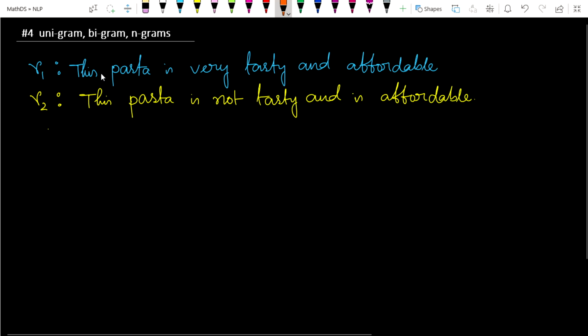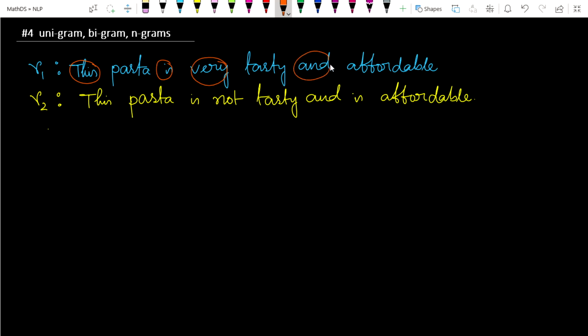If you remove the stop words, such as this, is, very, and not, from the text pre-processing stage, then the rest of the words are the same. Just see it: pasta, tasty, affordable.